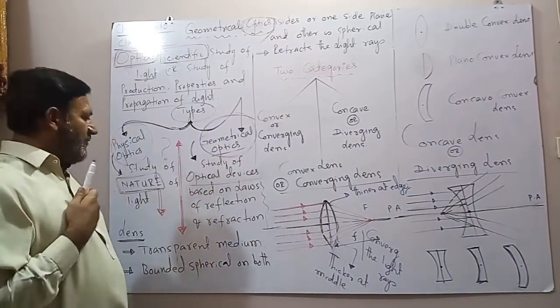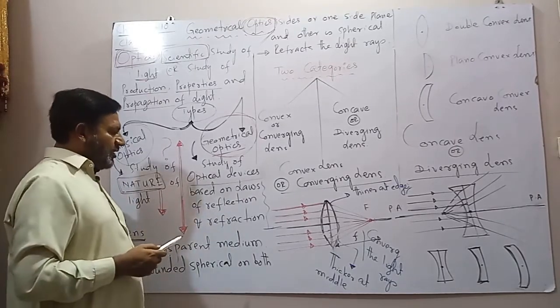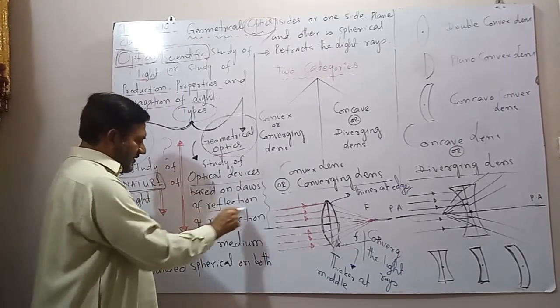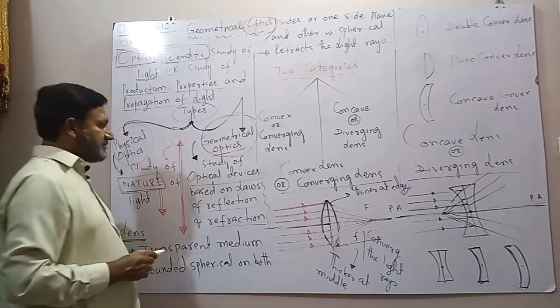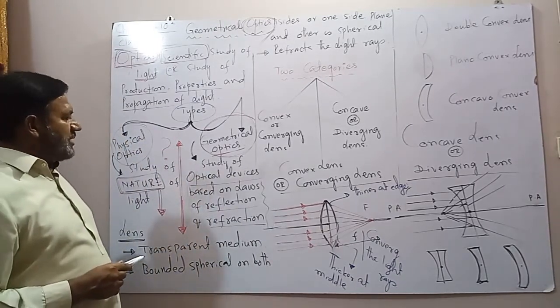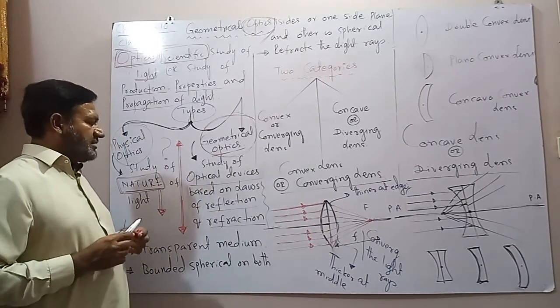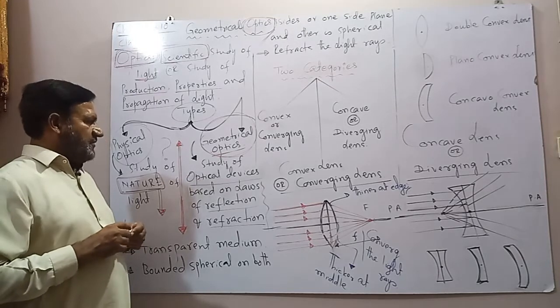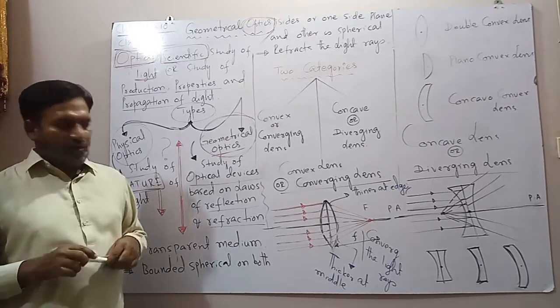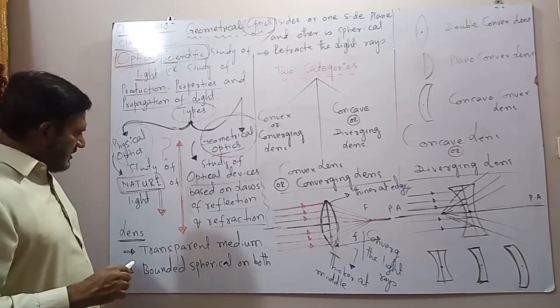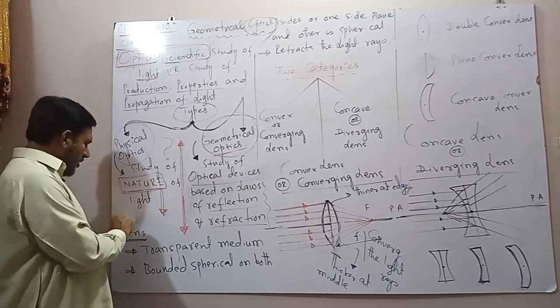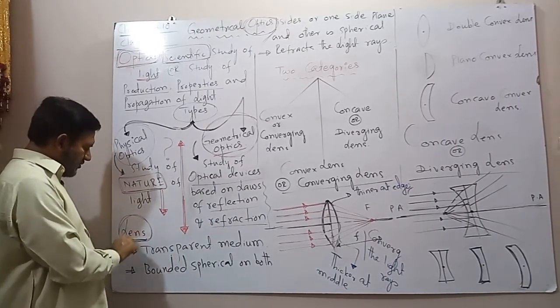All of them work on the principle or laws of reflection as well as refraction. So the study of optical instruments that work on the laws of reflection and refraction is known as geometrical optics.